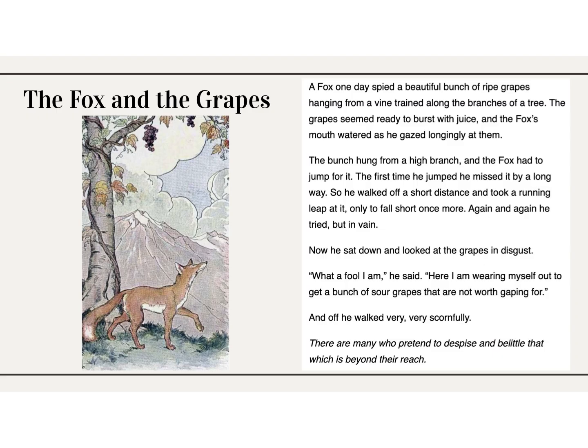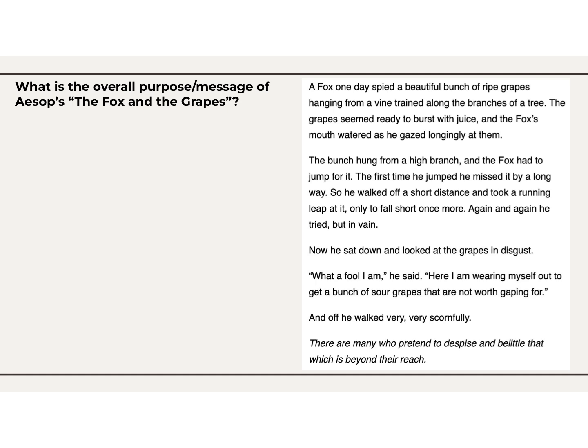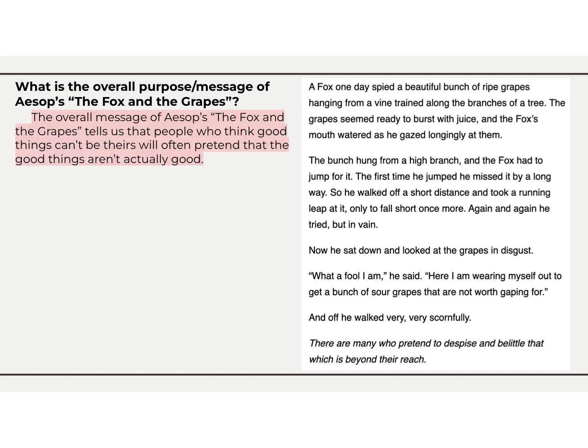Now, one more thing before we go. Let's take a look at the fox and the grapes. Remember, this was our writing prompt. What is the overall purpose and message of Aesop's The Fox and the Grapes? Well, first we made an assertion. The overall message of Aesop's The Fox and the Grapes tells us that people who think good things can't be theirs will often pretend that the good things aren't actually good.